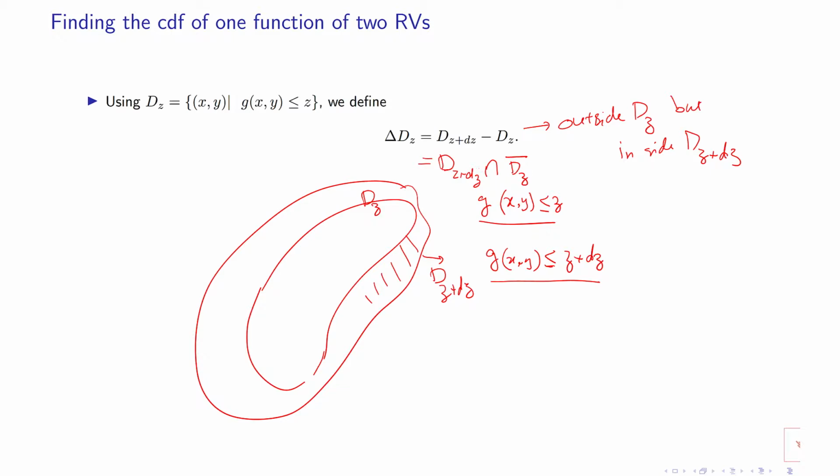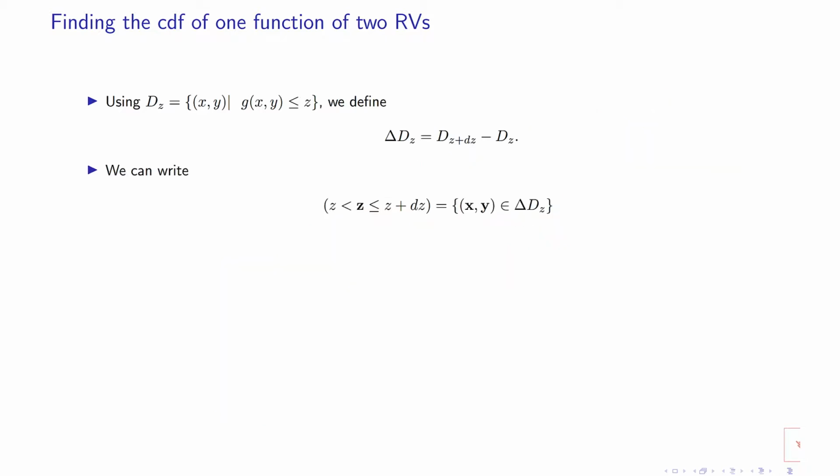That means outside of one but inside of the other, which is the intersection of the two. Because you want to be bigger than z and smaller than z plus dz, this is a new event.